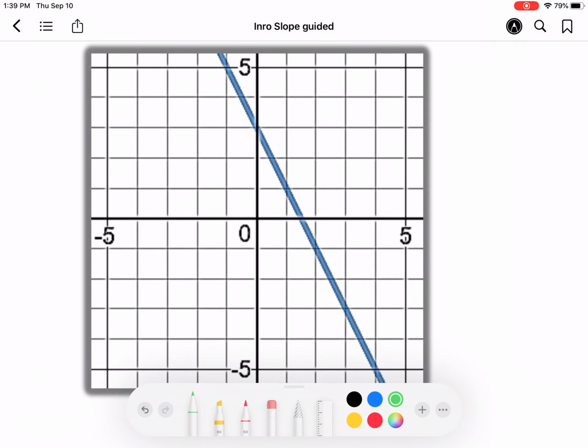Start out. Mark your perfect points. 1, 2, 3, 4, 5, 6. Mark your triangles.